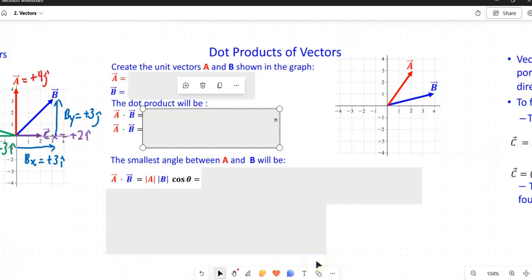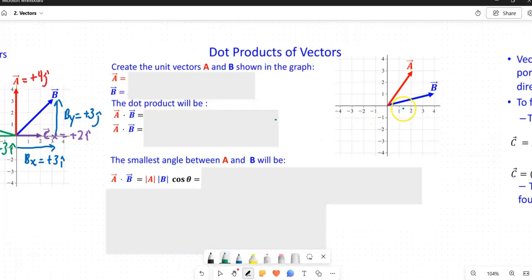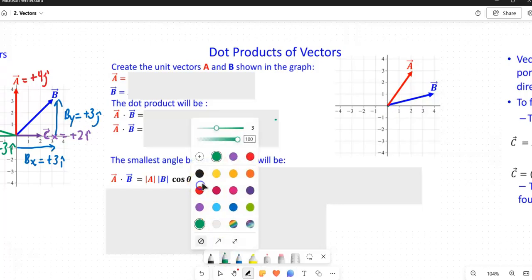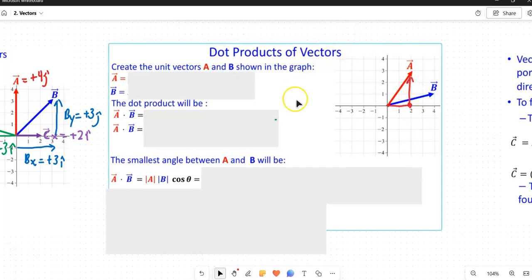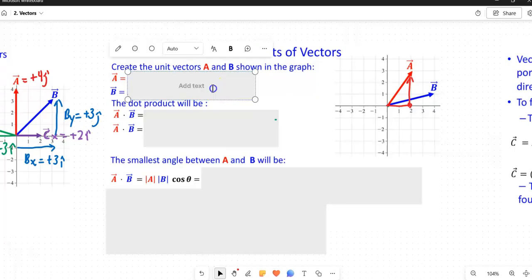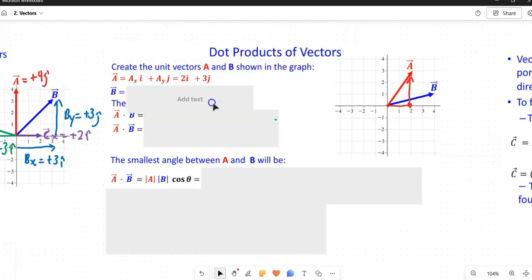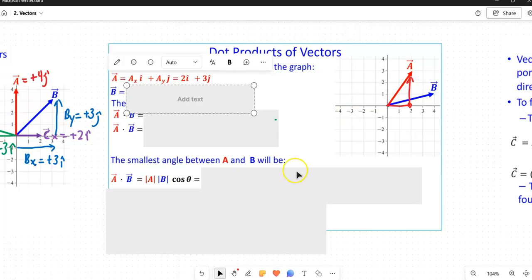Okay, well, the unit vector of A, let me switch this to red. It's pointed to the right 2, and it's pointing up 3. So we know A is going to be positive 2i plus 3j.